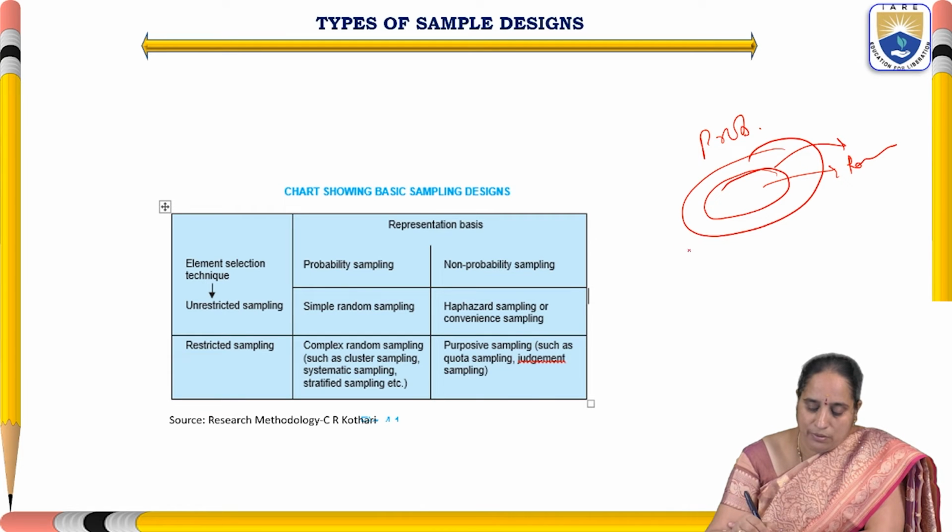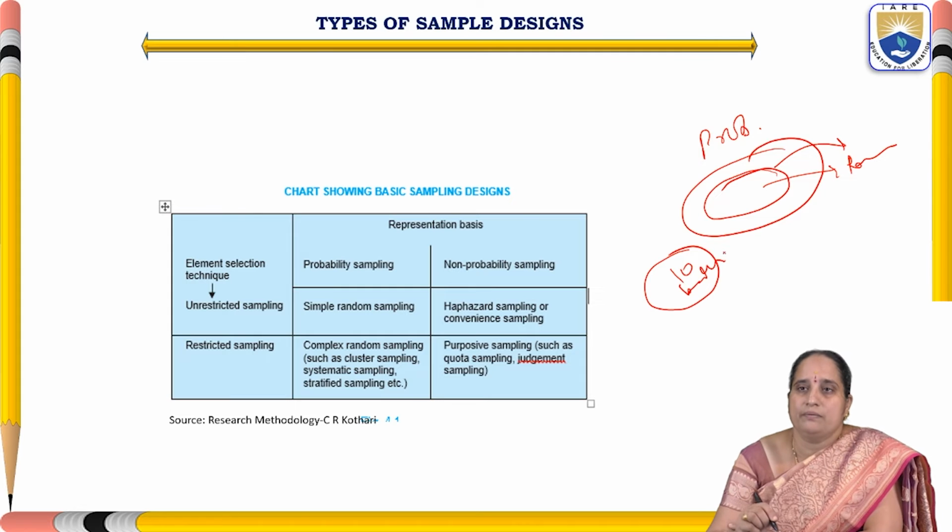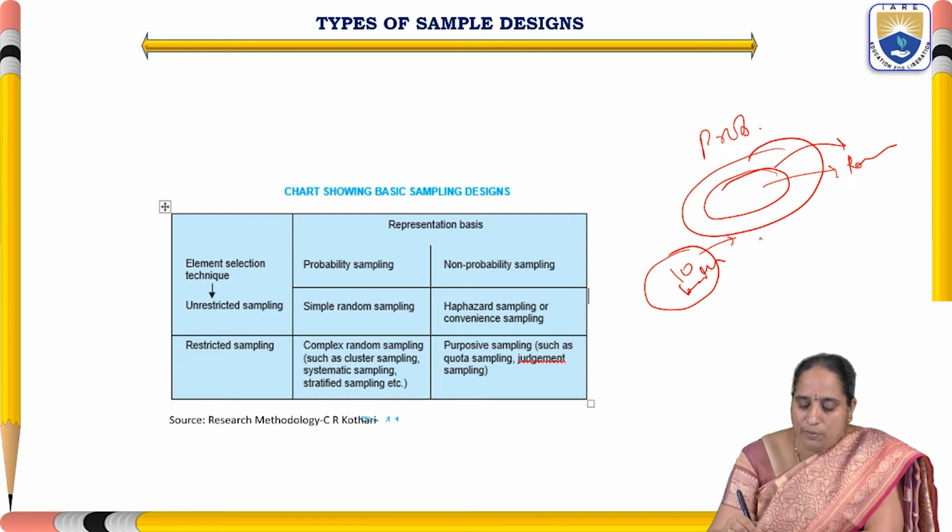For example, if you have 10 balls of different colors in a bag and someone asks you to pick randomly, every time we pick one ball from the bag, every ball will have the same chance of being selected, 1 by 10.